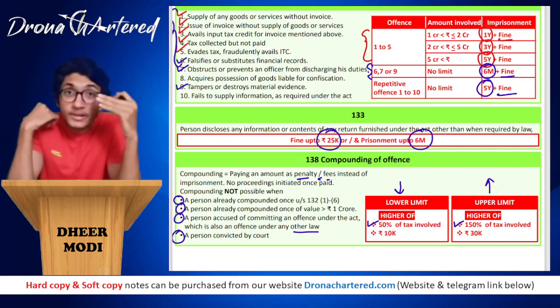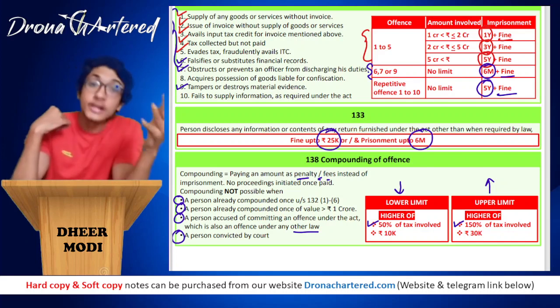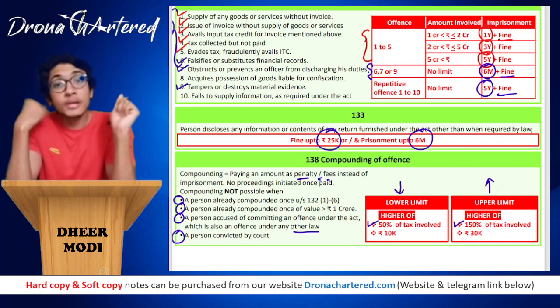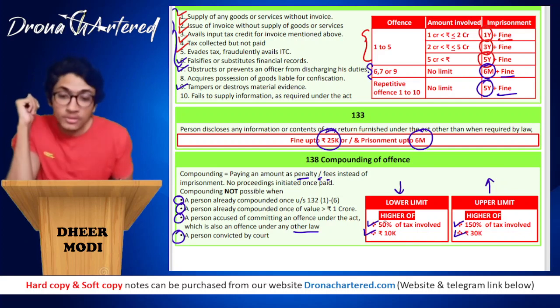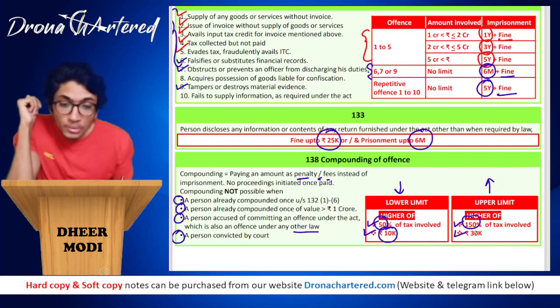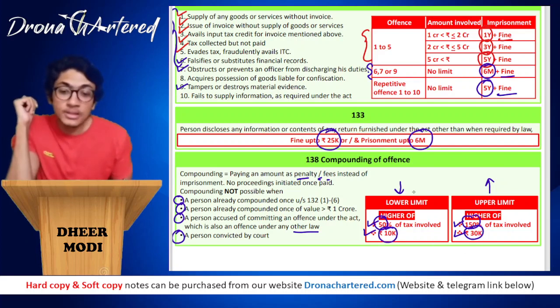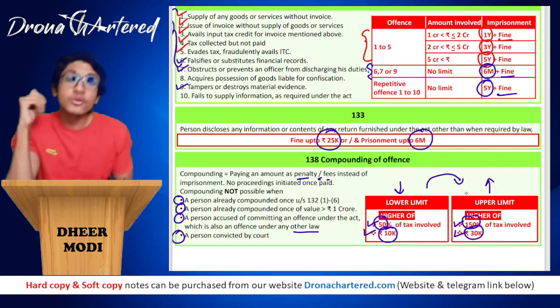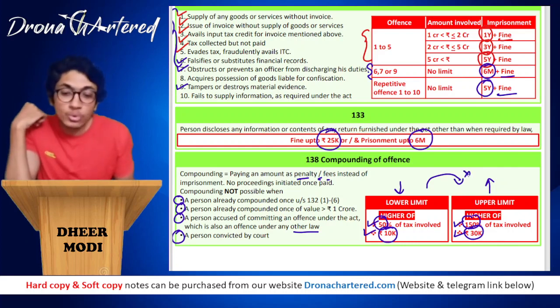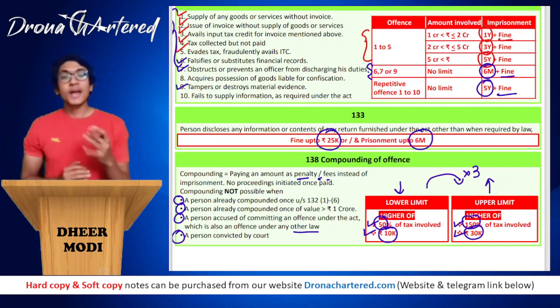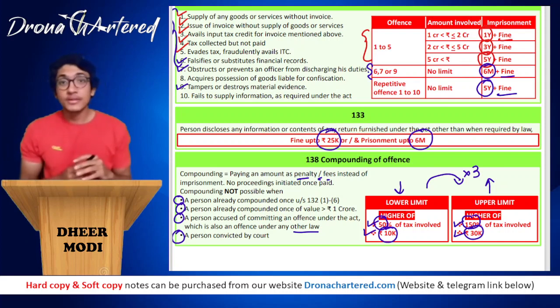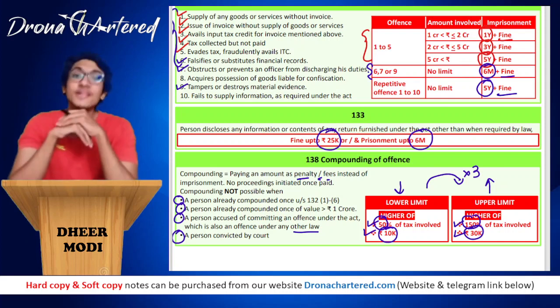So lower limit is 50% of tax involved, higher limit is 150% of tax involved, and your second limit over here is 10,000 and 30,000. So what you observe is this 50% becomes 150%, this 10,000 becomes 30,000. That means to reach from your lower limit to your higher limit, you only have to multiply with 3 and you get your higher limit. Okay, and with this we are done with this chapter, offenses and penalties, and I'll see you with customs now.